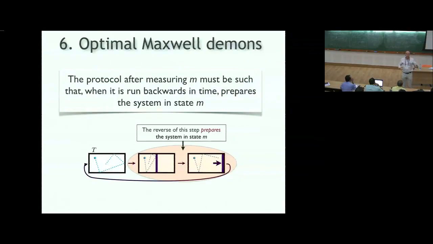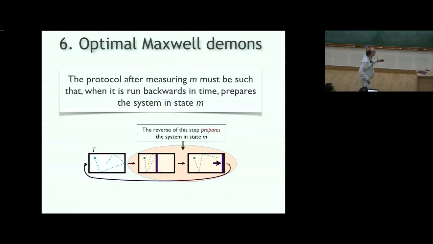In other words, the state after measuring an outcome M must be equal to the state when I go back. So if I measure M, I have to run a protocol that, when run backwards, prepares the system in a state M. You will see in the examples it's more clear.